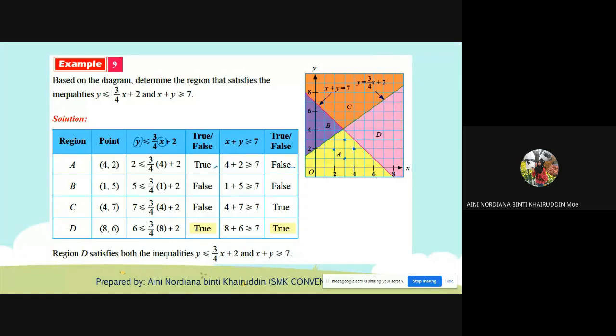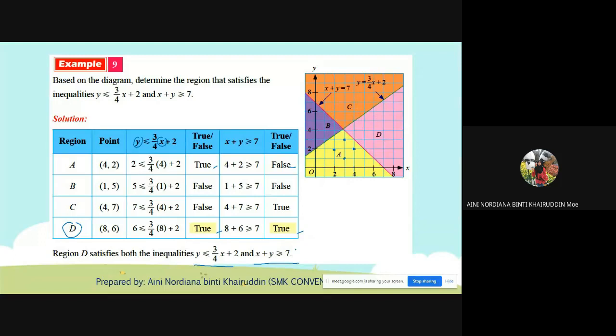If you get both true, then that region satisfies both inequalities: y less than or equal to 3 over 4 x plus 2, and x plus y greater than or equal to 7.